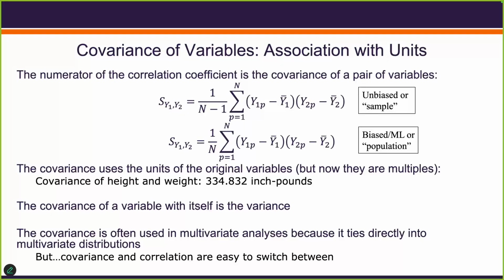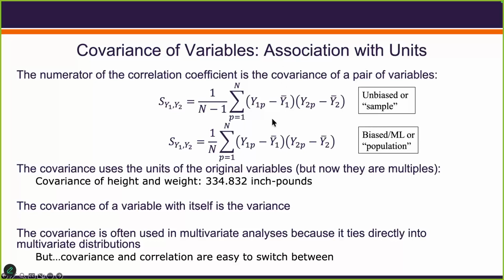So we use covariance because it's the central core of these distributions, but nobody talks in covariances, so we describe it as a correlation. Because covariance is the numerator of the correlation, you can switch between the two.